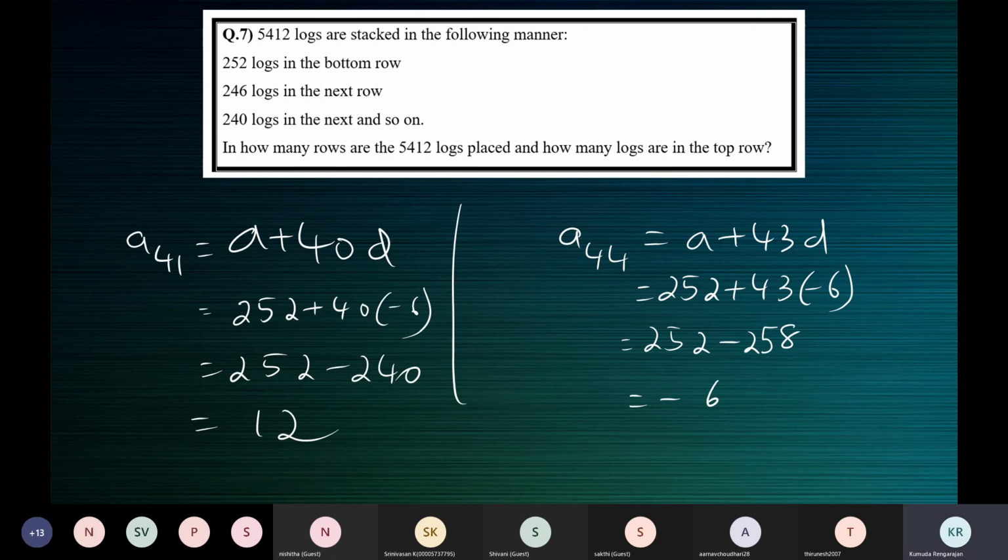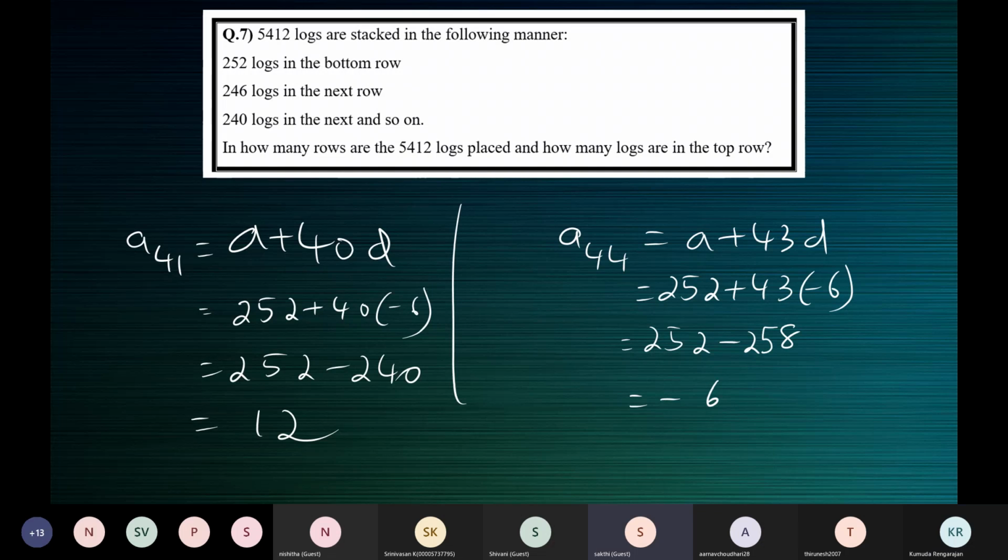Well, what happened, Sudarshan? What's your doubt? In how many rows are 5,412 logs placed, class?